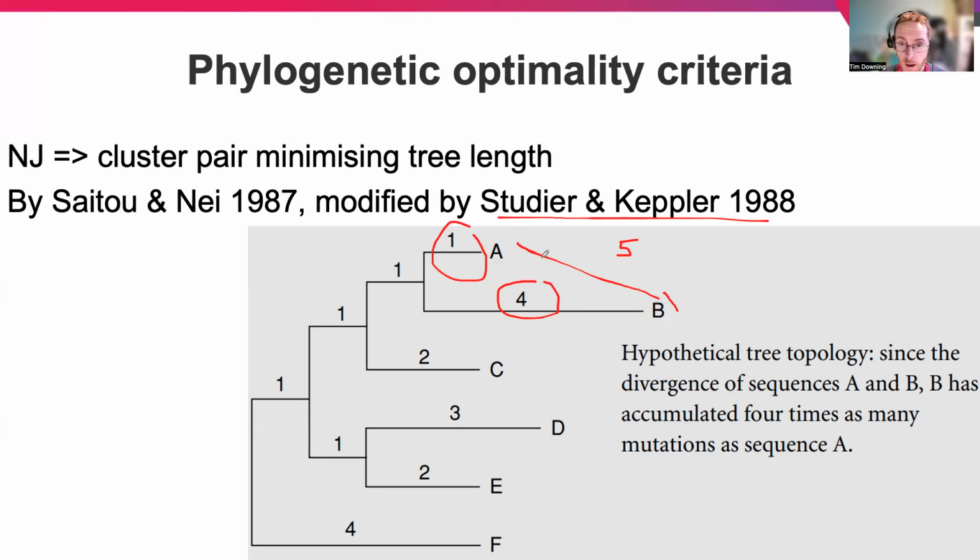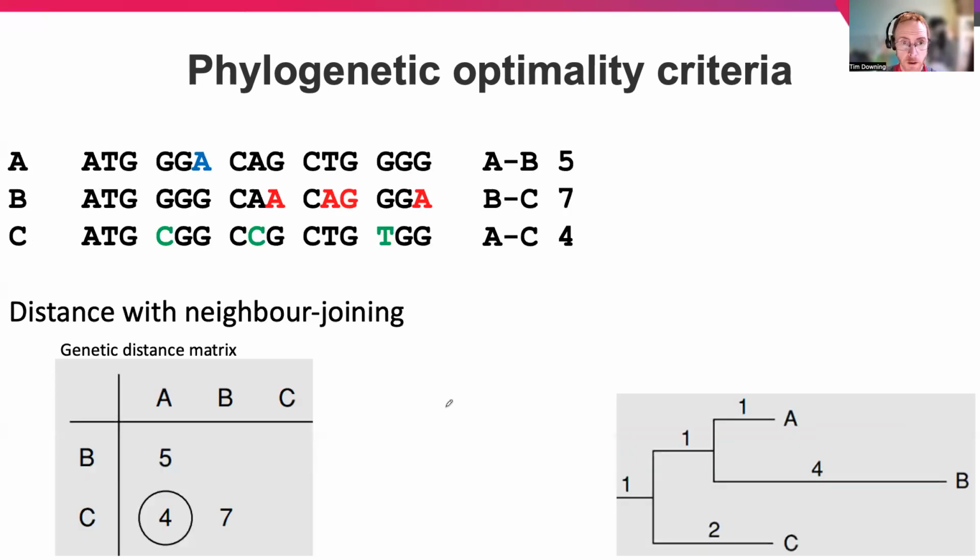So although A and B share the same ancestor, when we look back in our tree, we see that C is more related to A than to B. So C has 7 changes compared to B, whereas only 4 compared to A. So therefore, this will be the first sample that is clustered together, because D and E have 5. F is quite divergent to the other samples as well. So start with that one, A and B together.